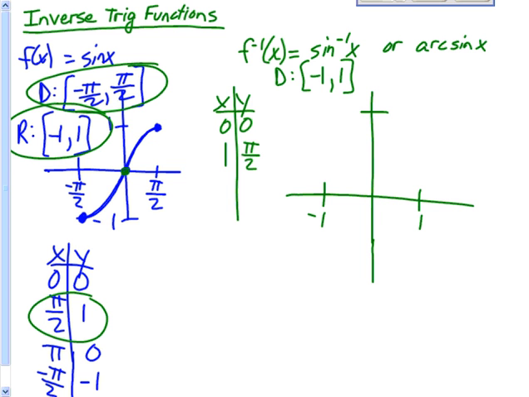And for our range, we're now between -pi halves and pi halves. That was the old domain. Remember, x's and y's flip-flop. So up here is pi halves, about 1.57 or so, and -pi halves down here. Now we have 1 comma pi halves right there.